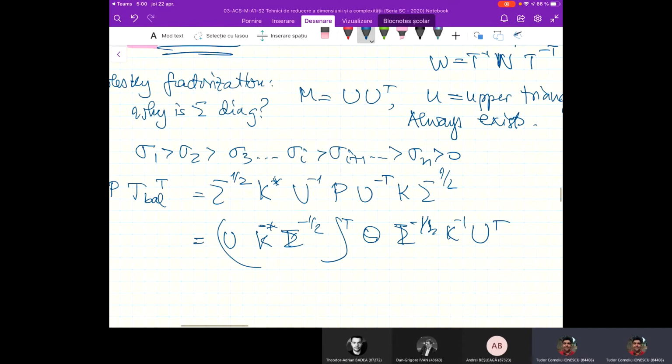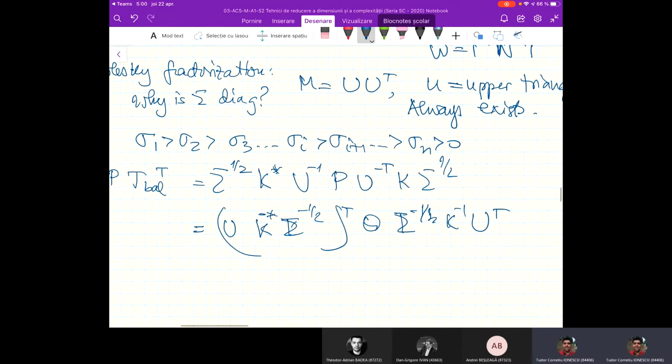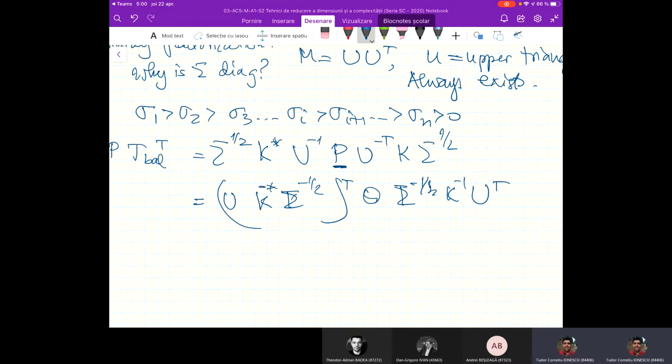So P here, we just substitute it. So this is sigma 1/2 K star U inverse U star. This is P because that's how we started it.